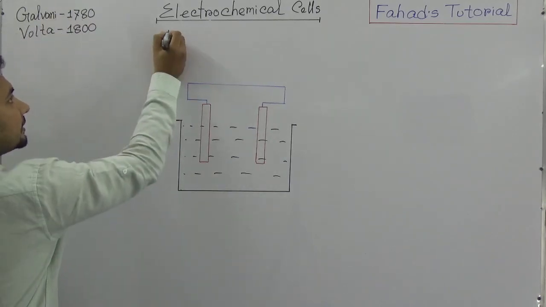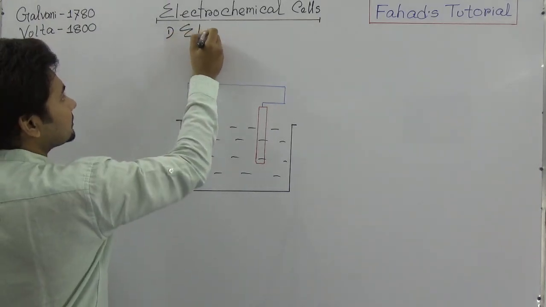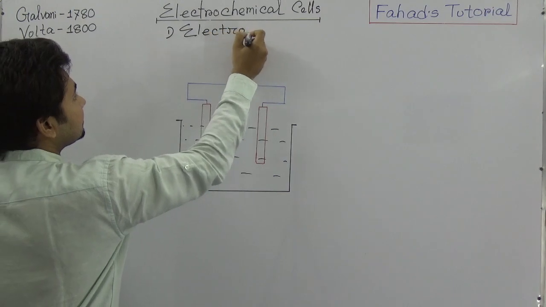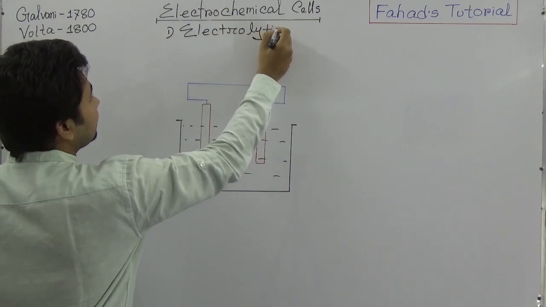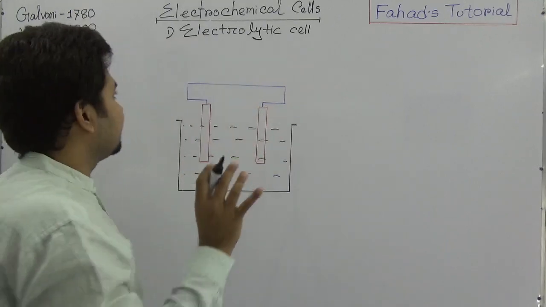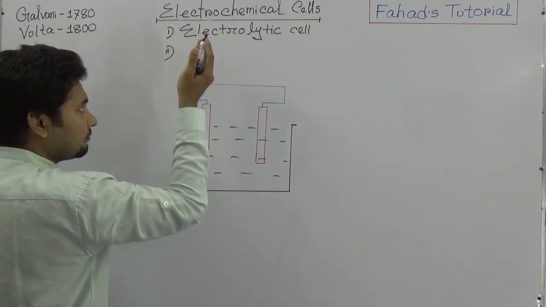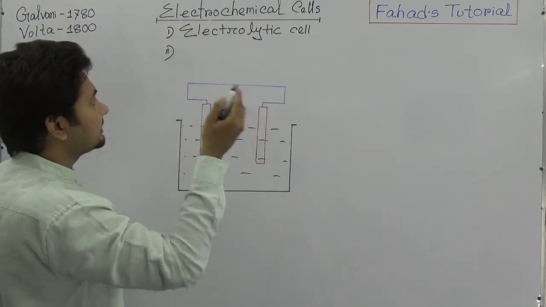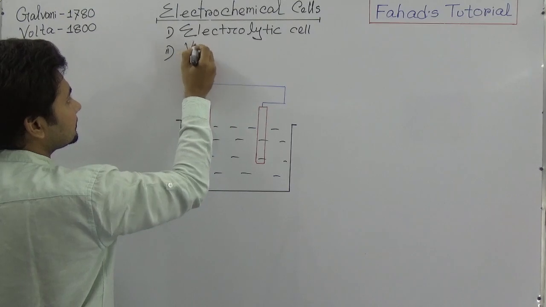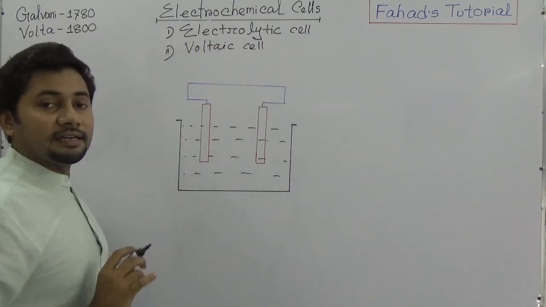Number one is the electrolytic cell. And number two is the galvanic cell or voltaic cell or Daniell cell.